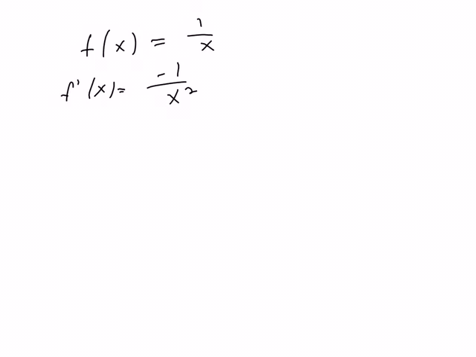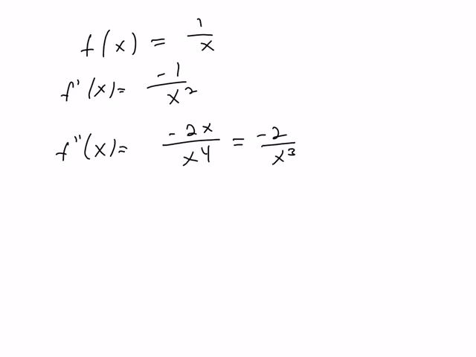The second time, f double prime of x, we're going to get 0 minus 2x over x to the 4th, which is going to be negative 2 over x cubed.